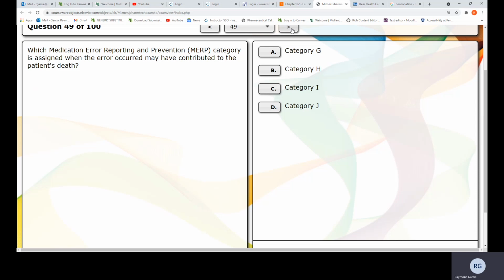See, categories. A category is no error, capacity to cause error. B is error that did not reach the patient.